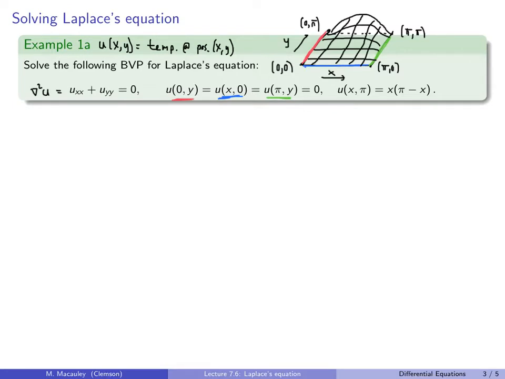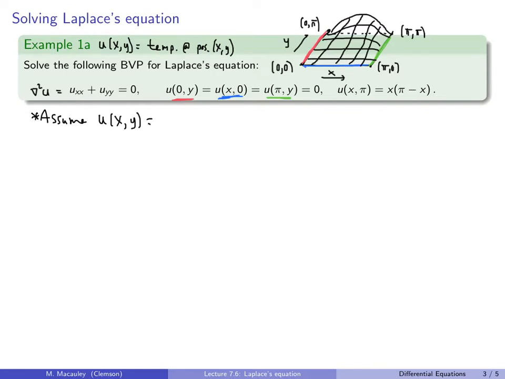So we solve these things always the same way. We're going to use separation of variables. So we are going to assume that our solution separates. This is how we solve every PDE. So u of x and y.